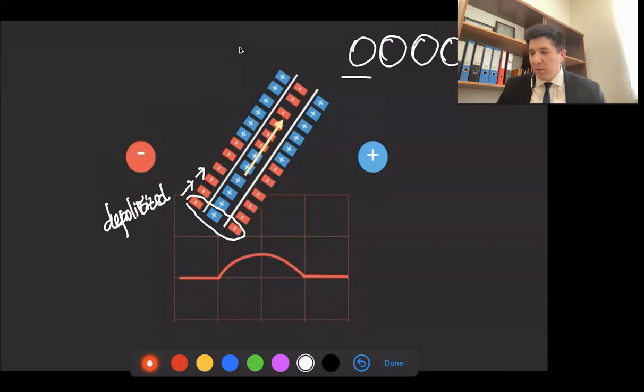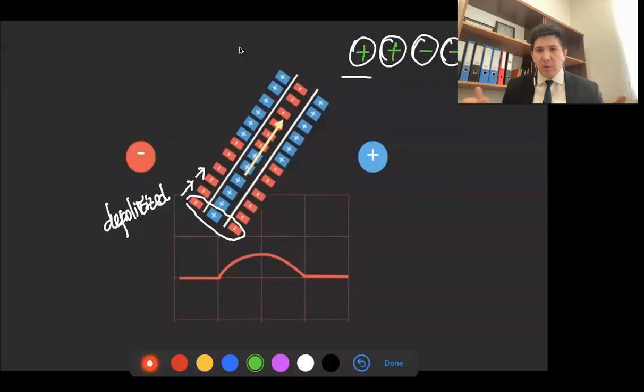And you've got this moment when you've got a couple of cells in the beginning which are depolarized, and the signal is still transmitting. It's not at the end, and those cells are depolarized, plus inside, and the others are still polarized. So at this stage, when you've got a couple of cells which are depolarized and the others are polarized, there is a dipole because there is a charge difference here.